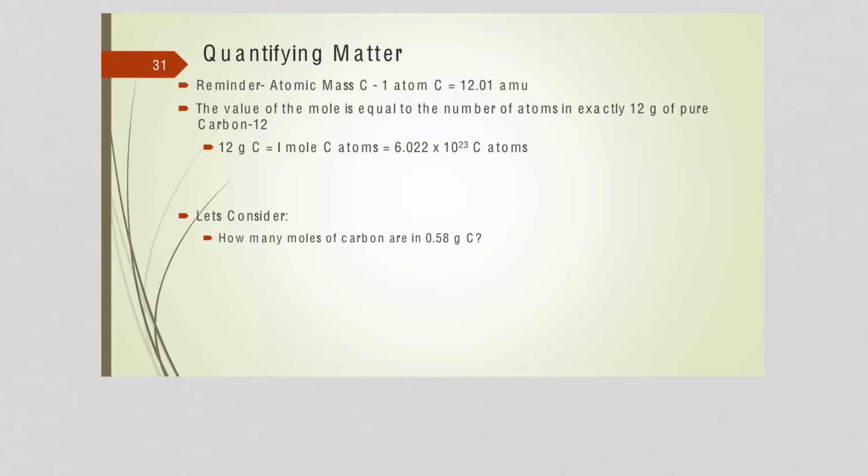Now, you might be wondering at this point, why this number? Where does this number come from? Why 6.022 times 10 to the 23rd? It seems like kind of a random number. Well, if you remember, the mass of one atom of carbon is 12.01 AMUs.